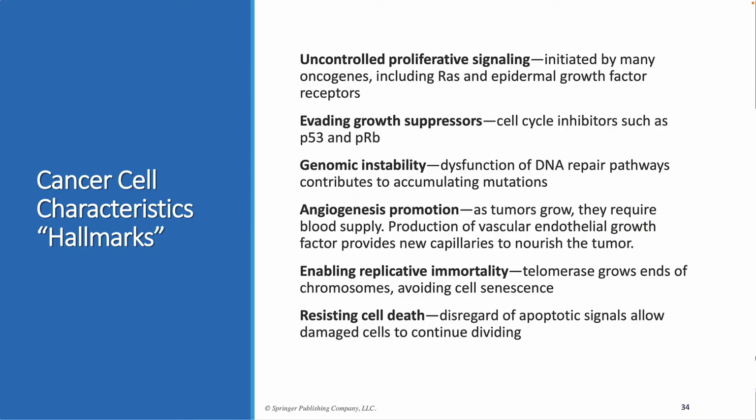Now, what are the characteristics or the hallmarks of cancer cells? Well, we mentioned that there's this uncontrolled proliferative signaling, and that's from oncogenes like RAS and epidermal growth factor and things like that. They also evade growth suppressors, and the growth suppressors are those cyclin related things, P53 and PRB, that we talked about before.